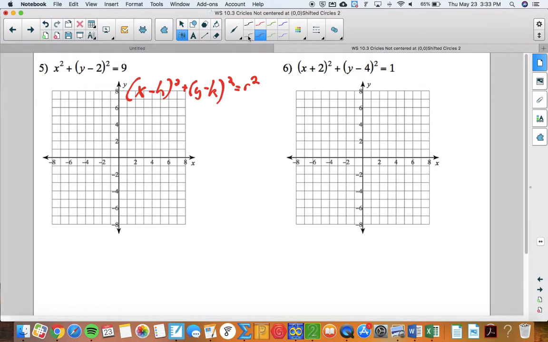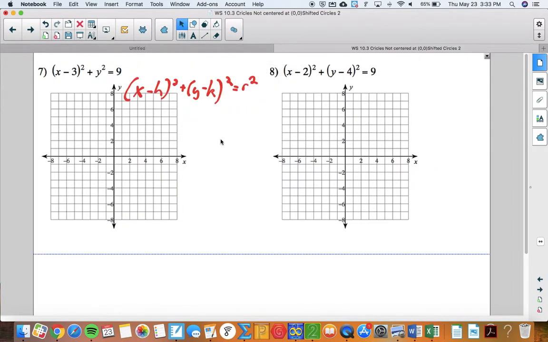Well, nothing is getting subtracted from x, so that is a value of 0. 2 is getting subtracted from the y, so our center is at 0, 2. Remember, the radius is the square root of this value, because this is the radius squared, so that's 3. So go up 3, right 3, down 3, and left 3. And circle.